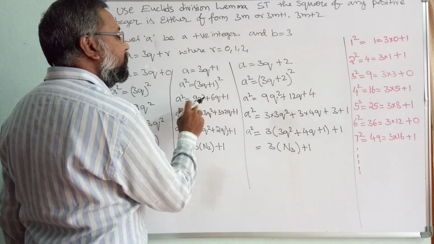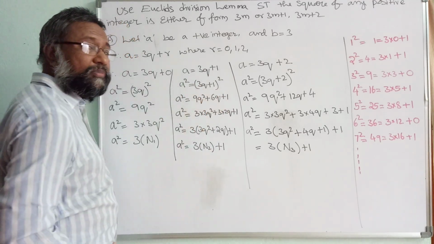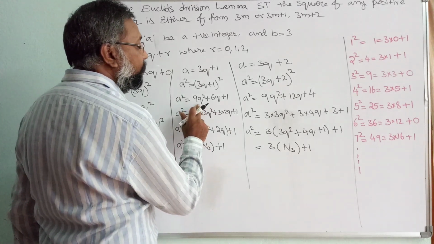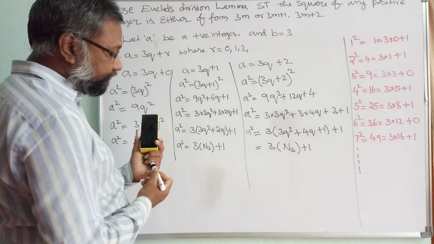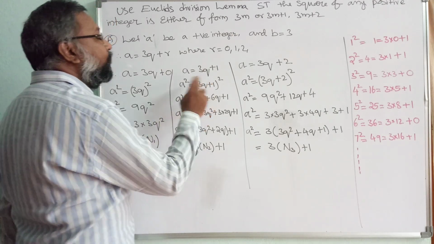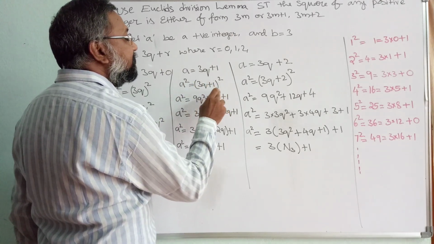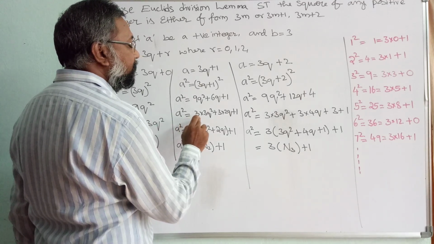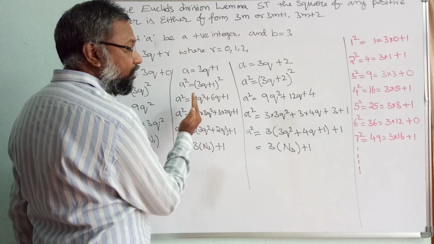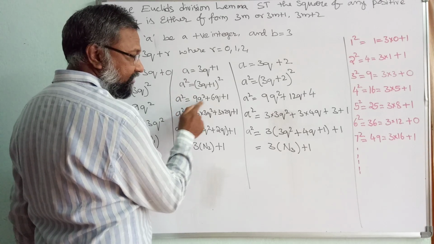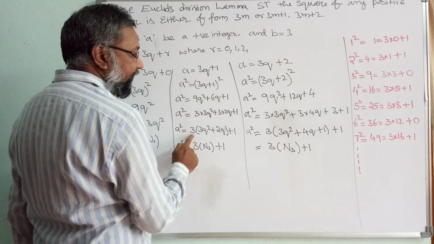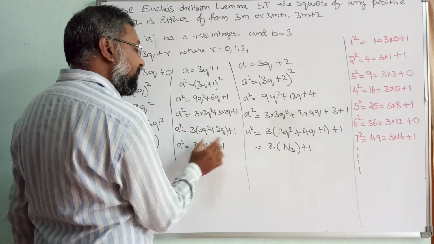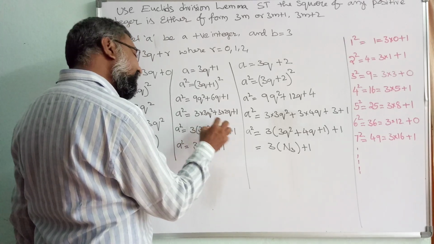Now apply the a plus b whole square formula: a square is 9q square plus 6q plus 1 square, which is 1. Therefore, taking 3 common from the first and second terms, we can write 3 of n plus 1.